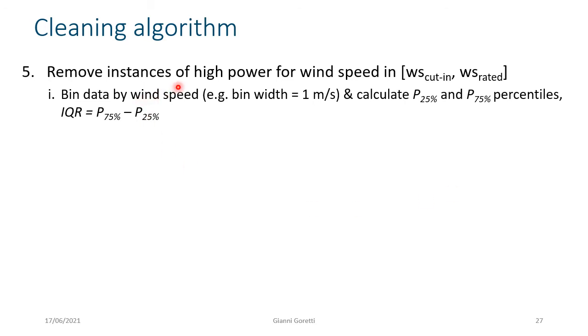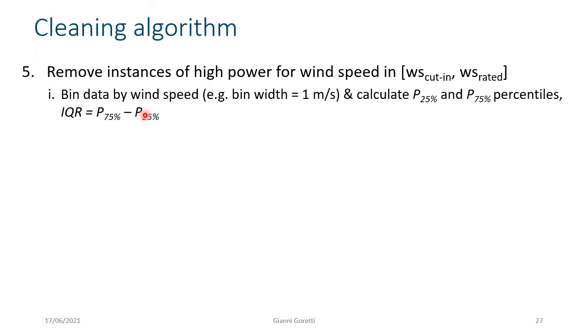Next, the instances of high power for wind speeds between the cut-in wind speed and the rated wind speed are removed. To do so, the procedure is the following. Data are binned by wind speed.